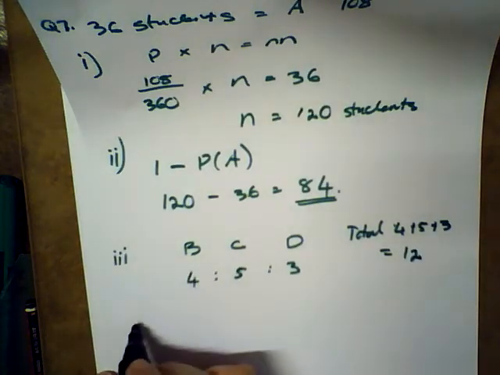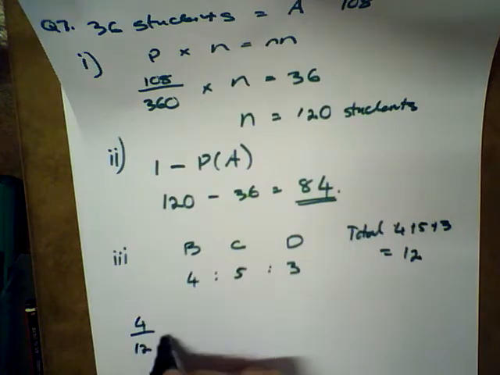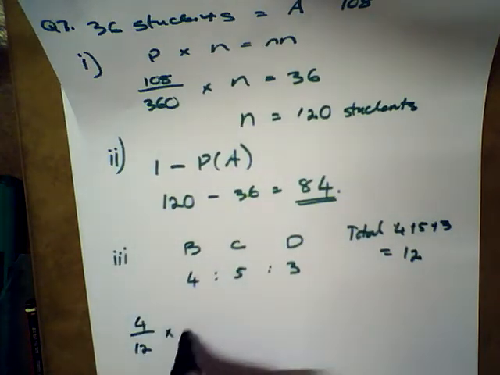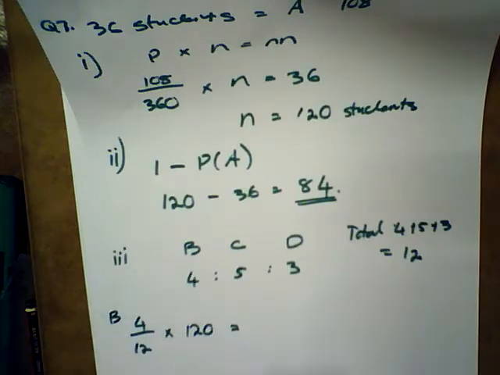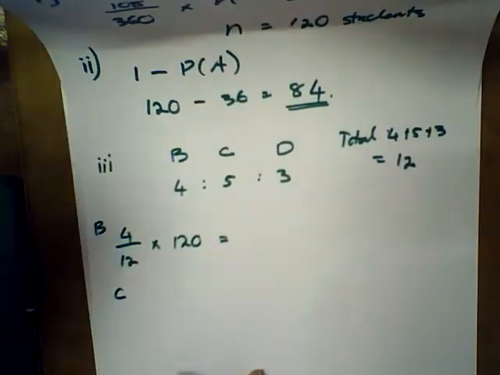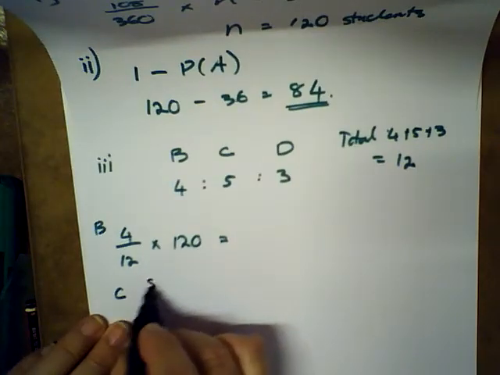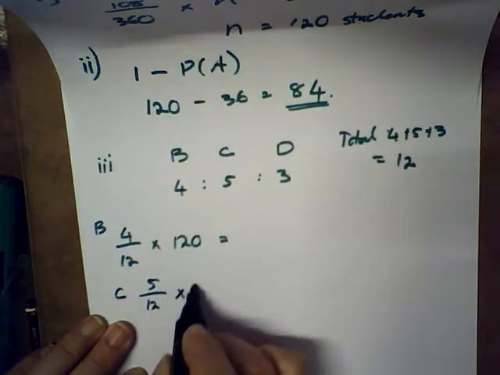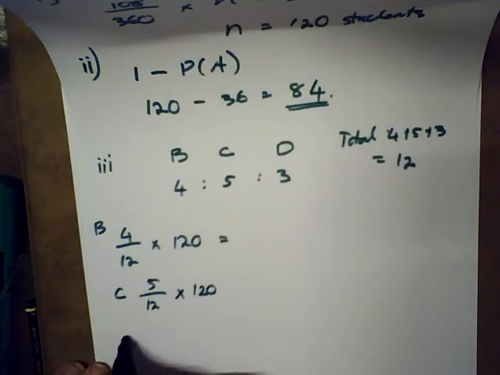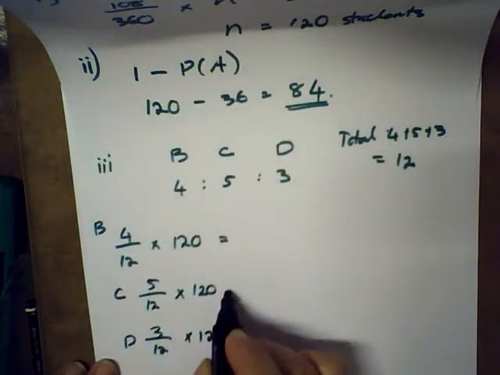So to find the B, it would be 4 out of 12 times the total number of students, 120. Then for a C, it would be 5 out of 12 times 120. And for the D, it would be 3 out of 12 times 120.